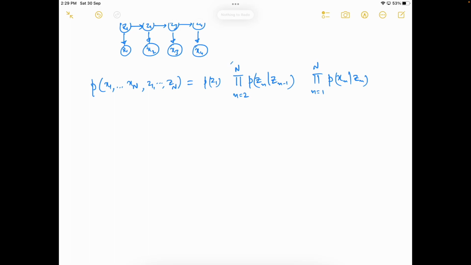So, this set of PDFs, this is the initial probability or initial state probability. This is the, what is this? Transition probabilities.